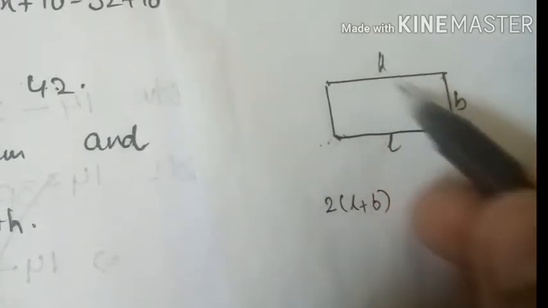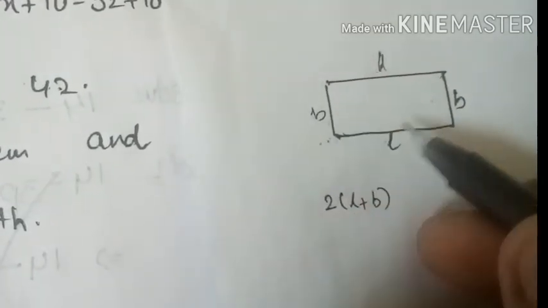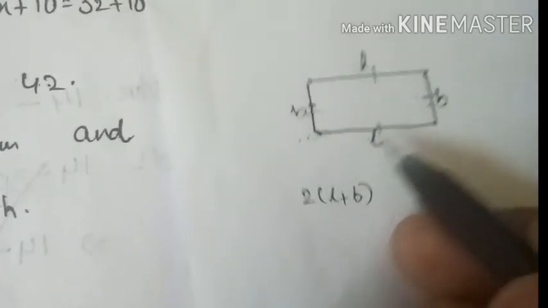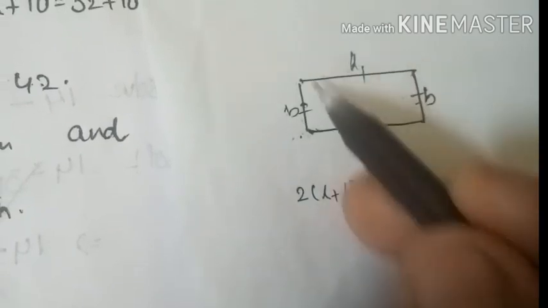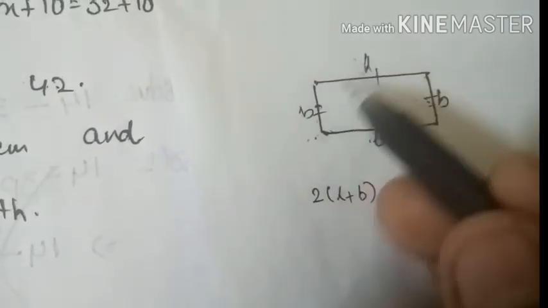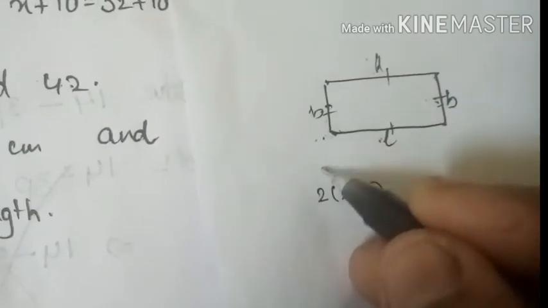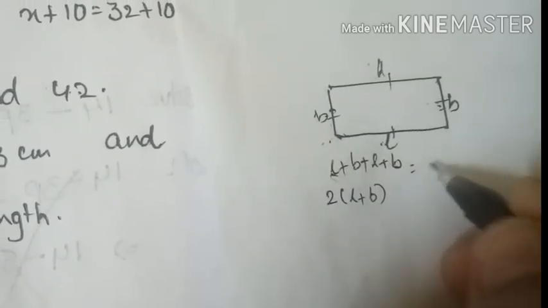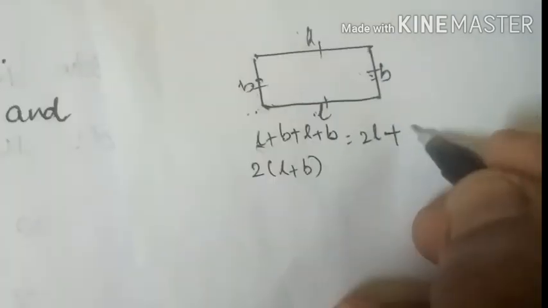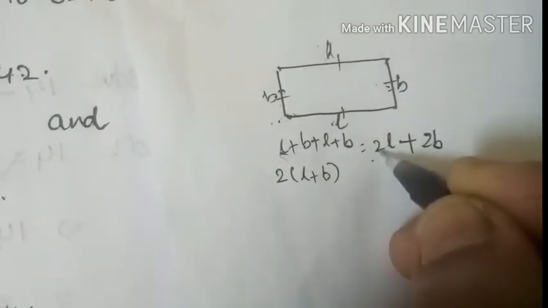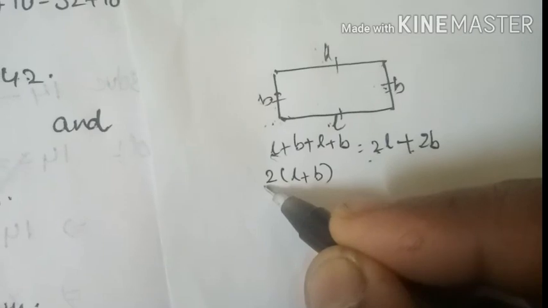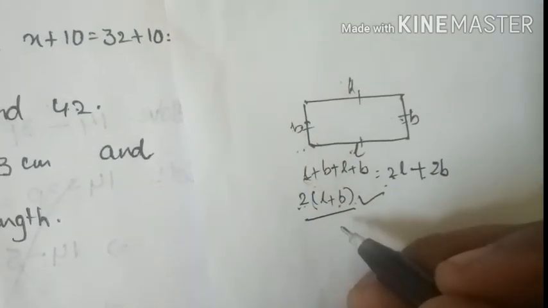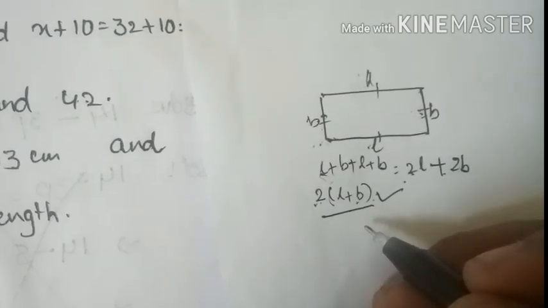So adding all of them, that means L plus B plus L plus B. So how many L's? 2 L's. 2L plus 2B. So what is the common value? 2. So I took 2 common, then 2 into L plus B. So this is our perimeter of a rectangle.